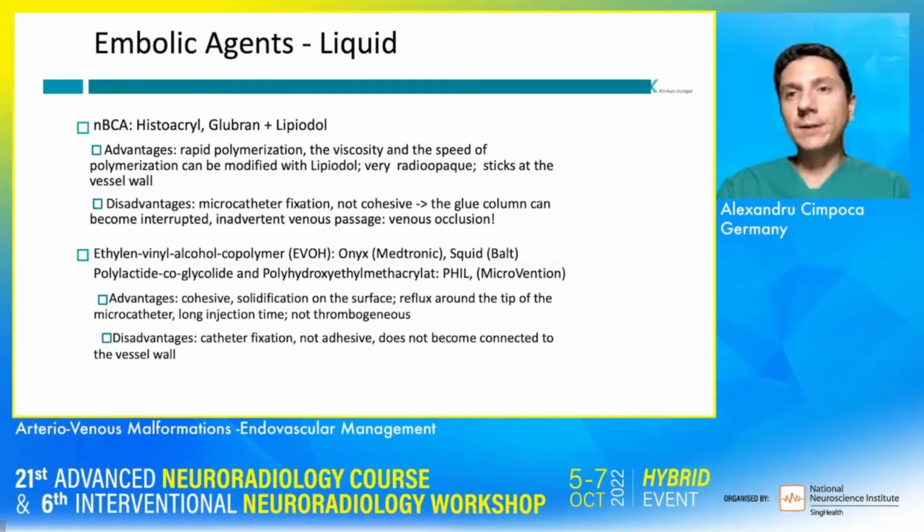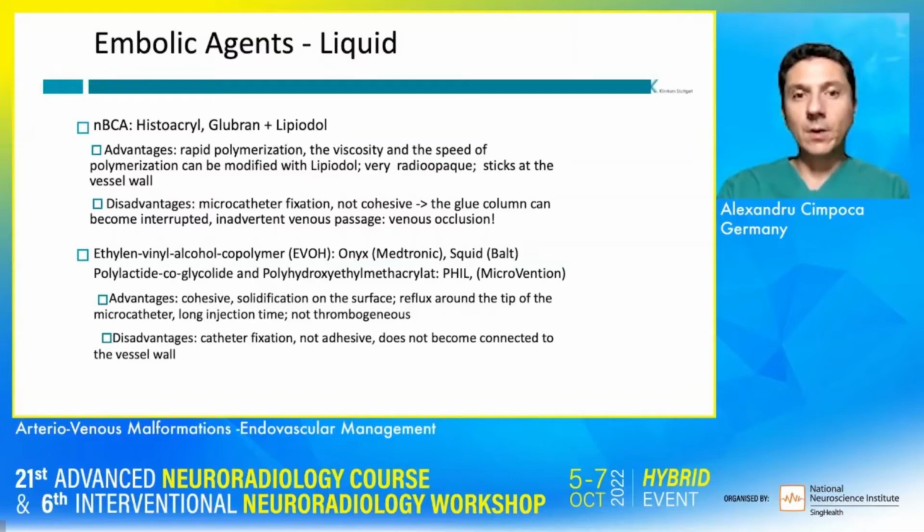As embolic agents, we predominantly use liquid embolic agents, and in the majority of the cases, we go for glubran. Why? Because of its rapid polymerization and the ease of controlling the speed of polymerization by adding lipiodol. We don't use Onyx, Squid, or Phil on a daily basis.